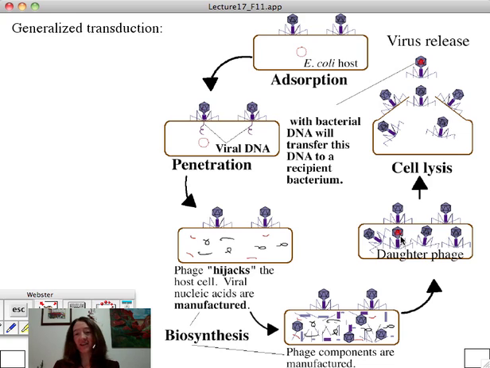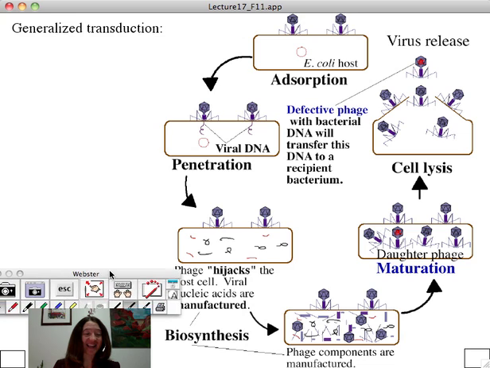It is the one that is going to go on and possibly cause recombination as opposed to causing viral infection. So we call that the defective bacteriophage. And sometimes, if you want the fancier term, we call it the generalized transducing particle.